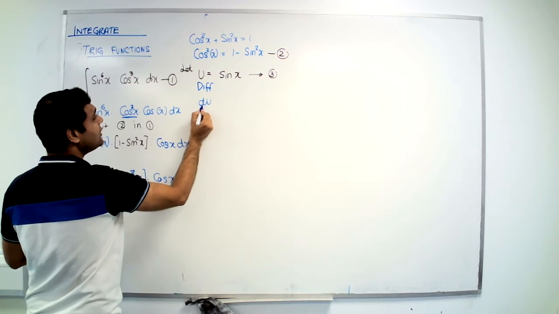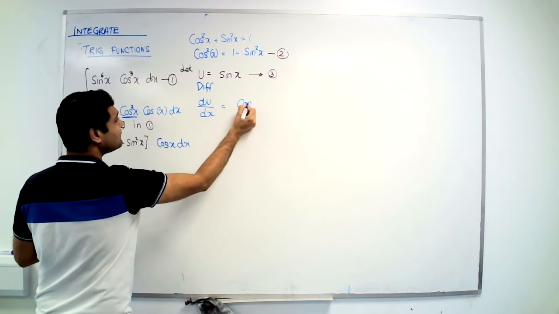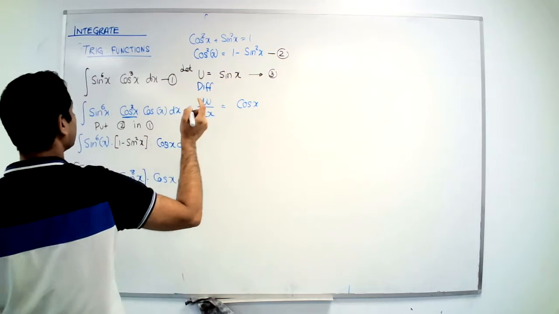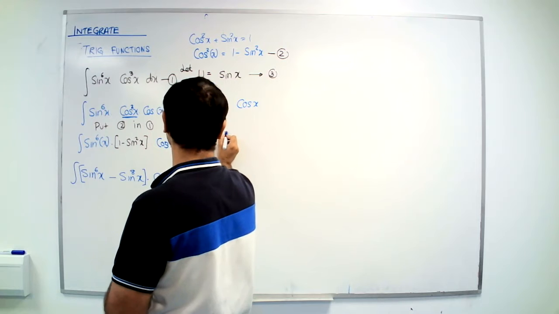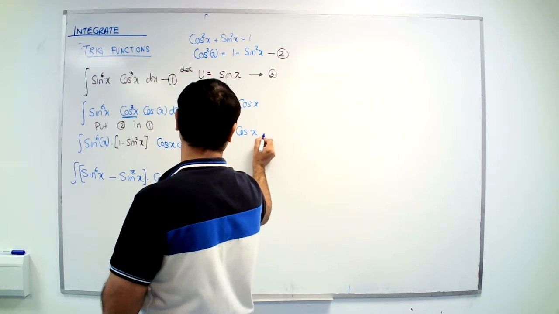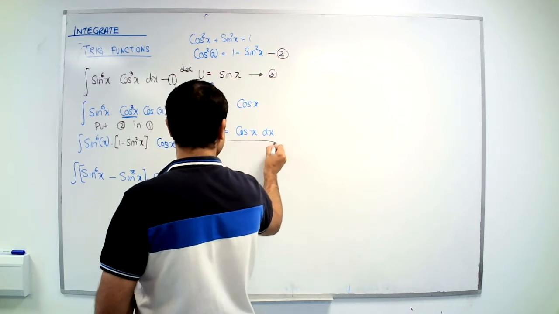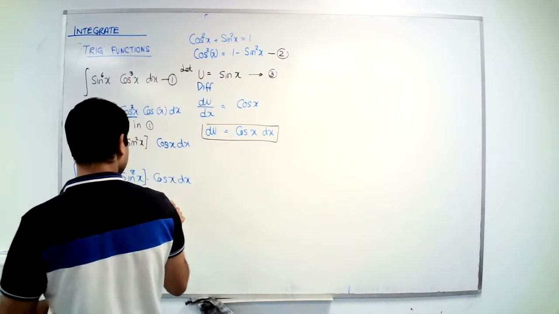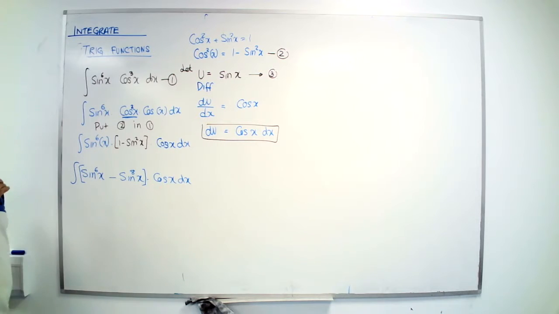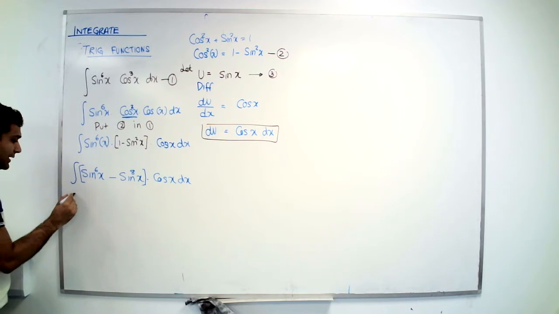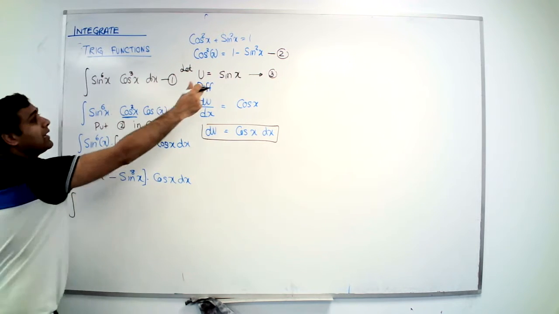It will become du over dx. What's the differential of sine? Yes, cos x. Now I'm going to move this dx back to that position. Why am I doing that? Because you see in this equation, there is a cos x dx. I want to get rid of this and I want everything in u. Sine x is u.